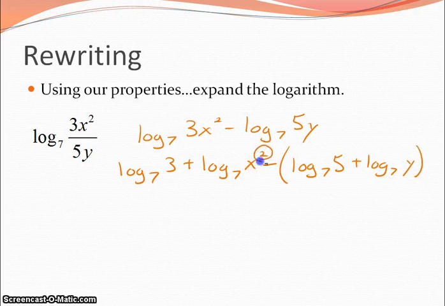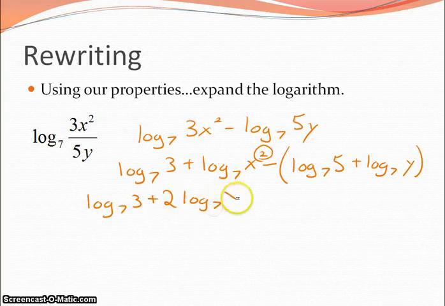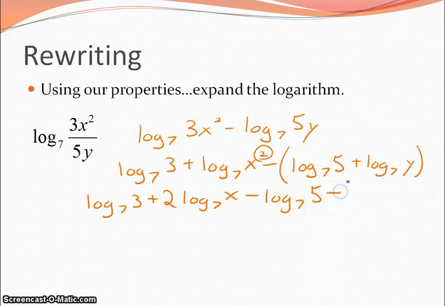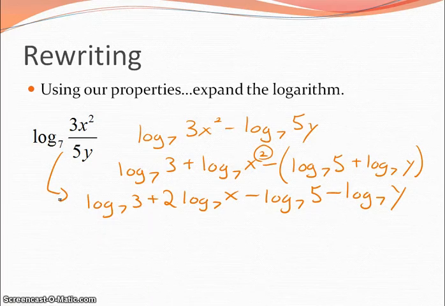I've got that x squared to worry about, so I've got log base 7 of 3 plus 2 log base 7 of x minus, and I'll just make sure that that subtraction sign gets distributed throughout. Got log base 7 of 5 minus log base 7 of y. Again, eventually you'll be able to go straight to here, but I encourage you, as you're practicing the first couple, to just write it out long ways so you don't miss any steps.